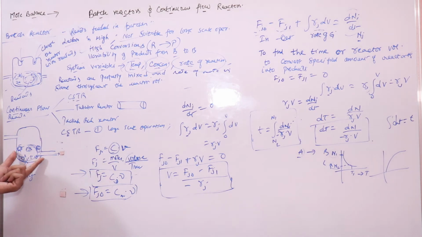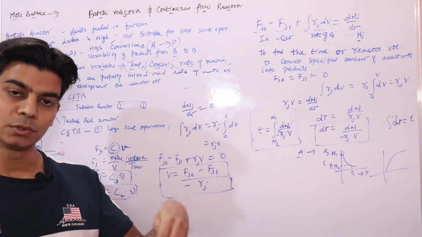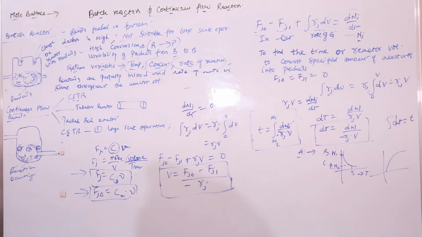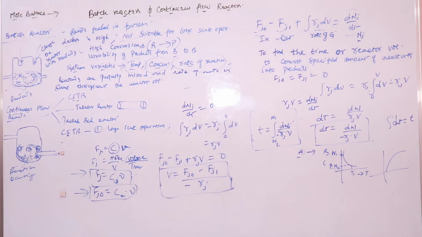And since I said in the beginning that this is perfectly mixed, the concentration is the same throughout. We consider that the concentration at the exit is the same as the concentration inside the reactor. So if you put all these values here, you will get the expression for the volume of the reactor.